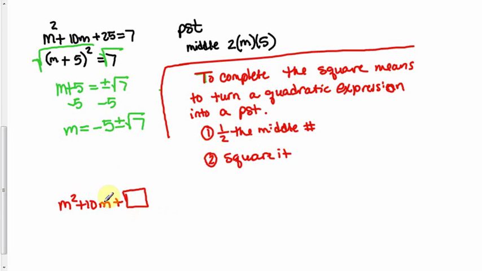Well, I've said take half the middle number. Half of 10 is what? And 5 squared is what? So that number is 25. Well, is that what that was right there? Yes. This now is a completed square. It's a perfect square trinomial. And it factors always into a binomial squared. Okay?